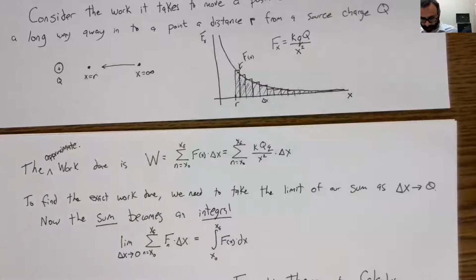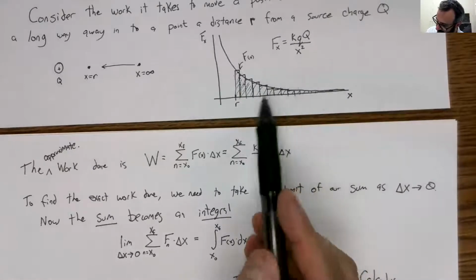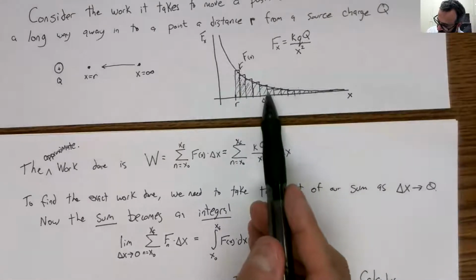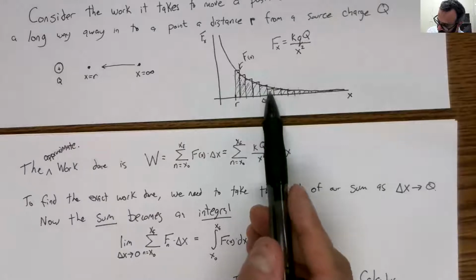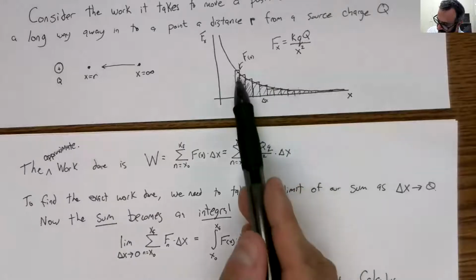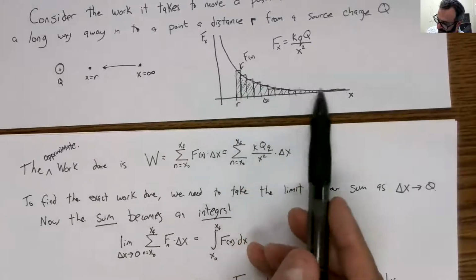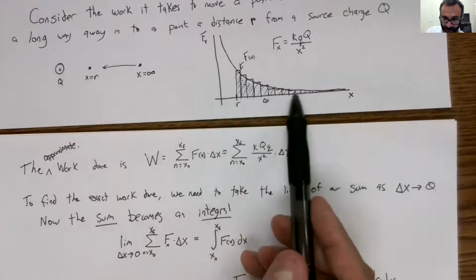But that's not going to be good enough. That's just an approximation. What we want is an integral. To find the exact amount of work done, we have to take the limit. If we shrink the width of these rectangles, the closer we get to 0, the better our approximation matches the area under that curve.